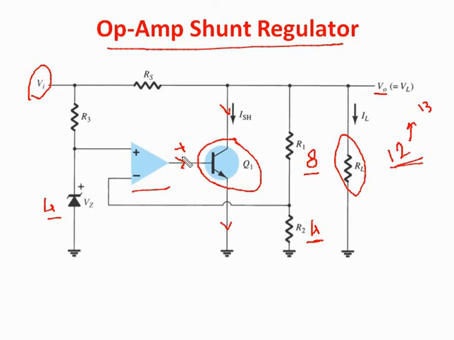IC increases as the base current is increased. That means to maintain the constant voltage, some of the current is diverted from the load path. So here we get the constant current, and this current IL will decrease, which will reduce the voltage drop across the resistance RL.